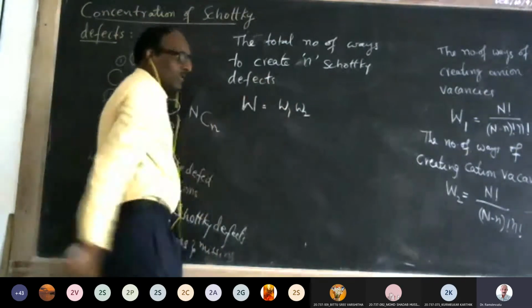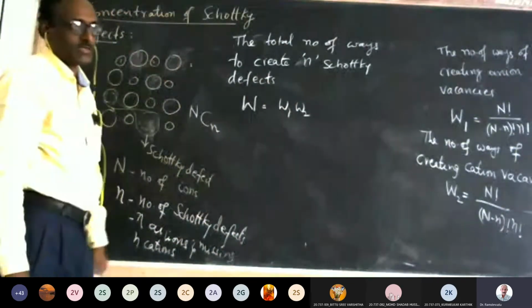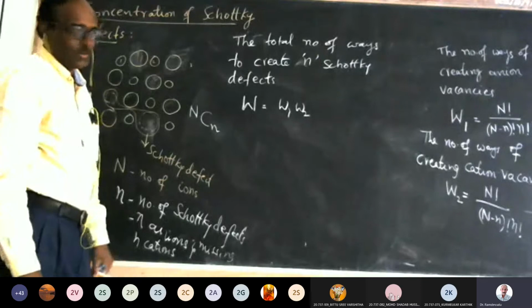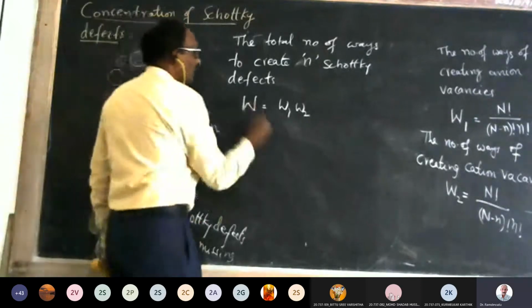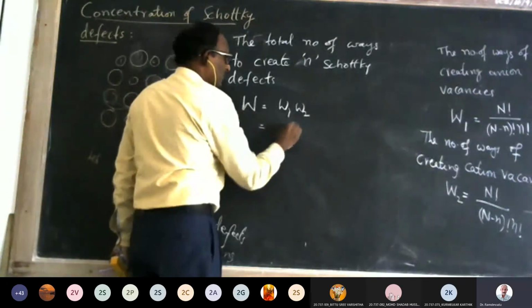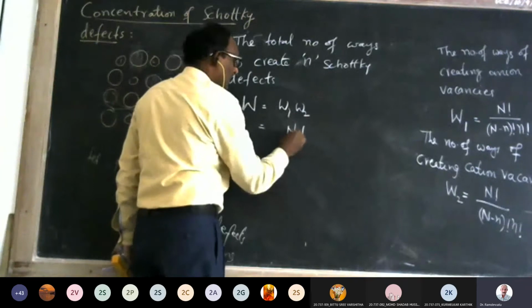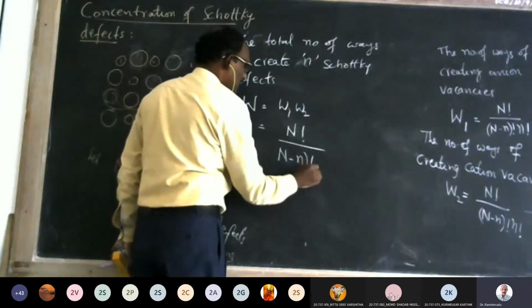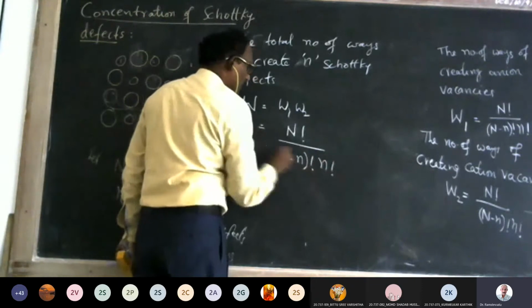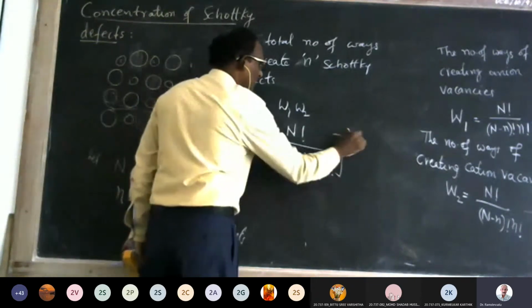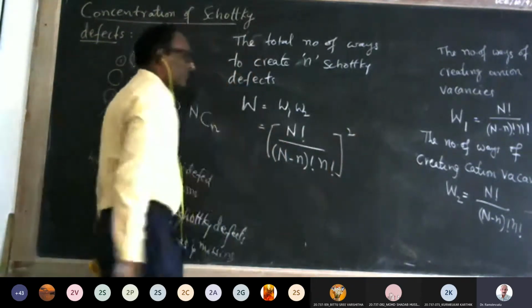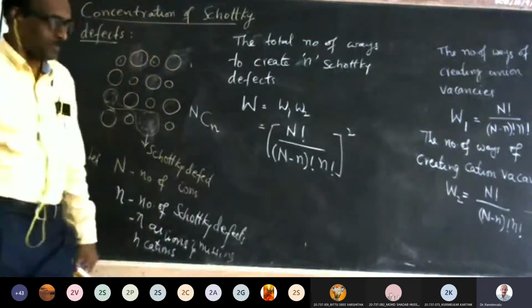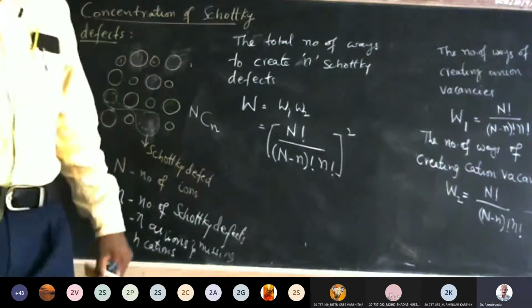Here the probability is not an addition, it is a multiplication. So I will now write it as N factorial by (N minus n) factorial into n factorial, whole square. So make a note of these steps quickly.